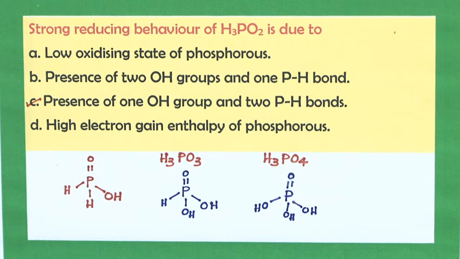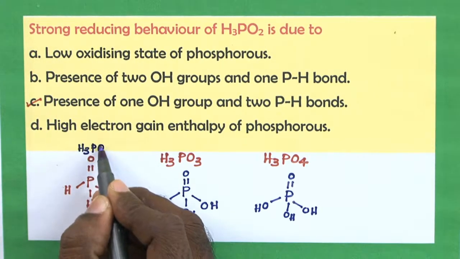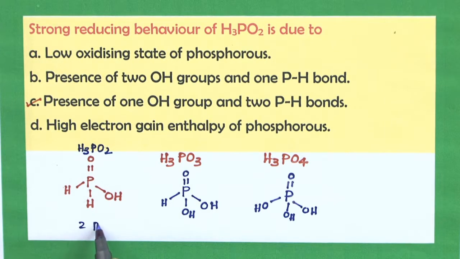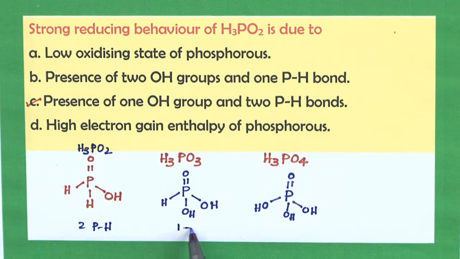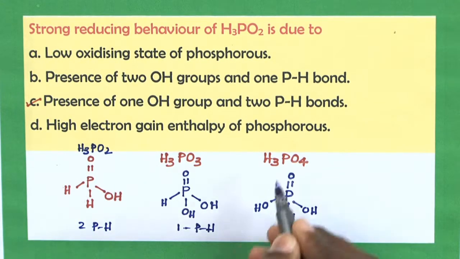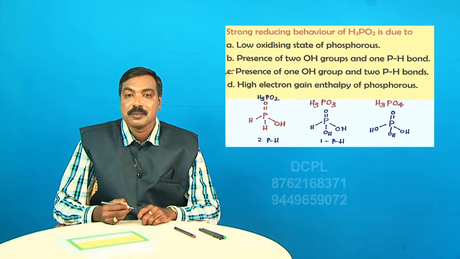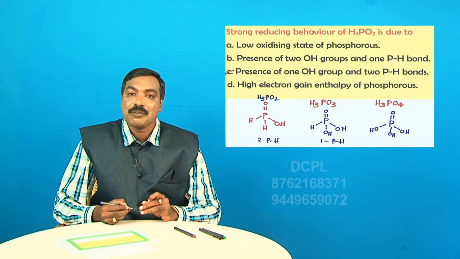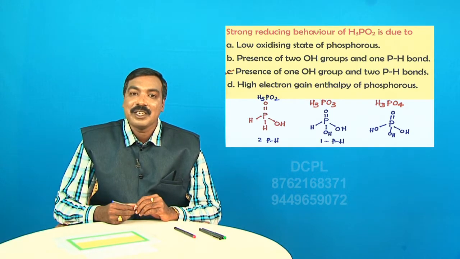If I observe, H3PO2 has 2 P-H bonds, while H3PO3 has 1 P-H bond. H3PO4 does not have a P-H bond. Now, the reducing factor of oxyacids of phosphorus is defined by the number of P-H bonds.